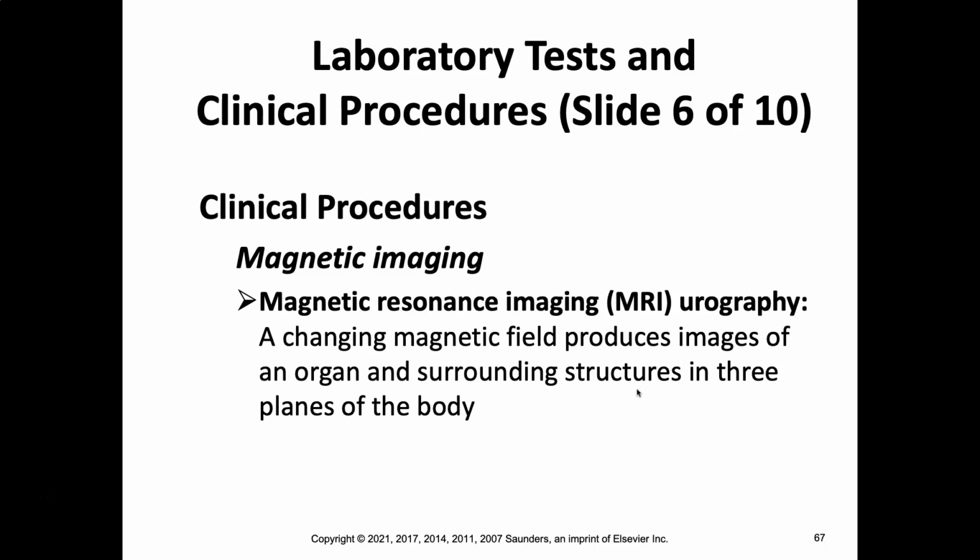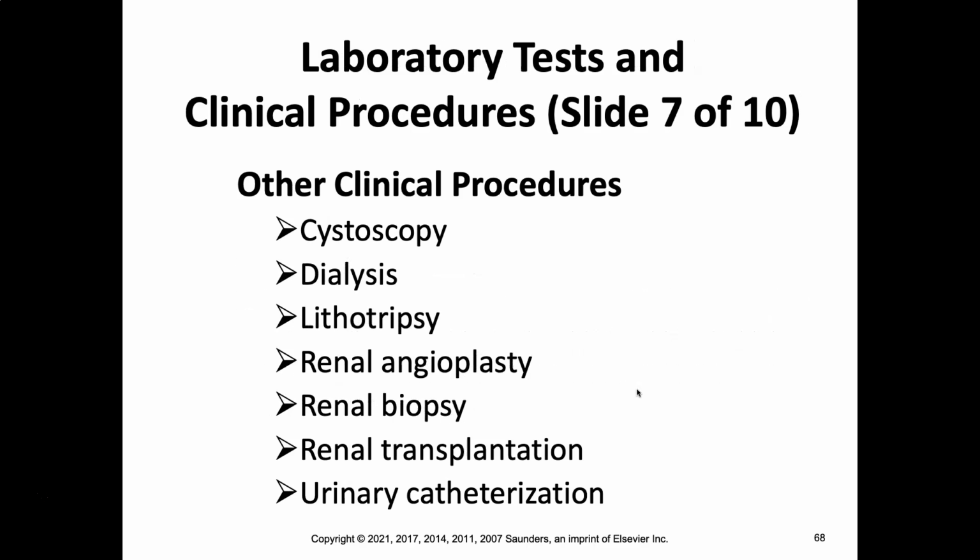MRIs, yes, you can do an MRI urography, and it's going to show you the bladder, it's going to show you the kidneys, all of that, depending on exactly how you're looking at that. But you're looking at those structures, that process of moving through.